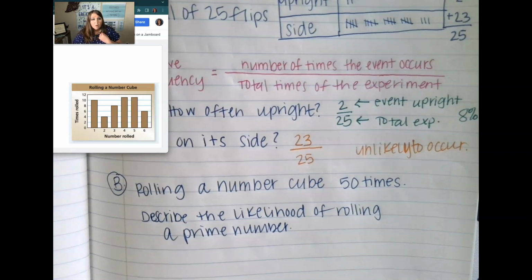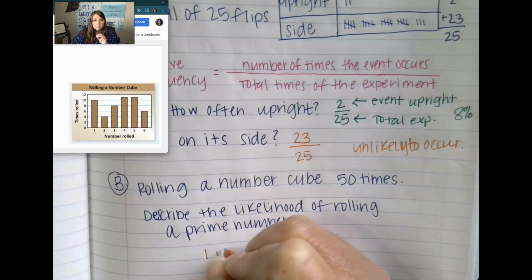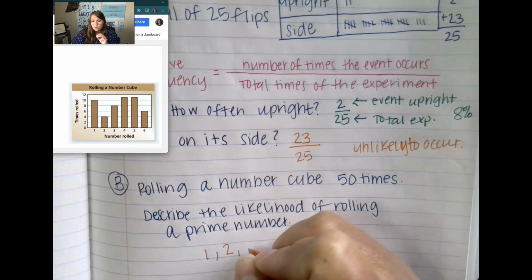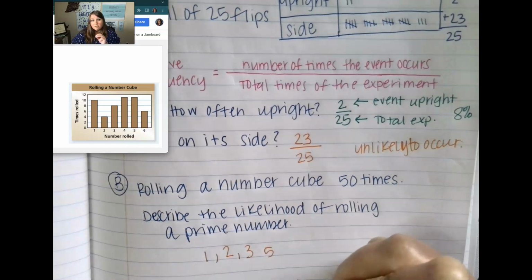So 2 is a prime number, 3 is a prime number, 4 is not, because 2 times 2 makes 4, so that doesn't work. So we have 1, we have 2, we have 3, and we have 5.